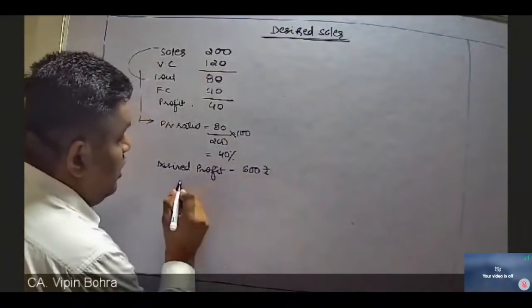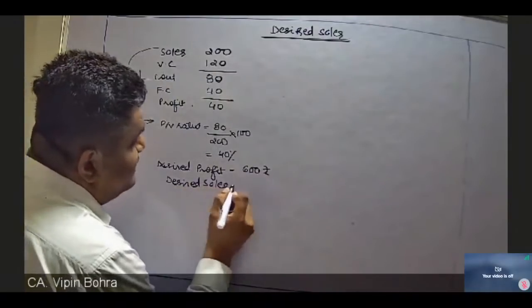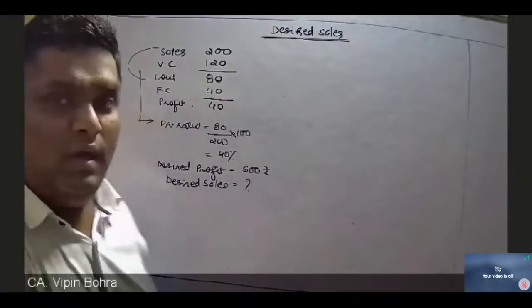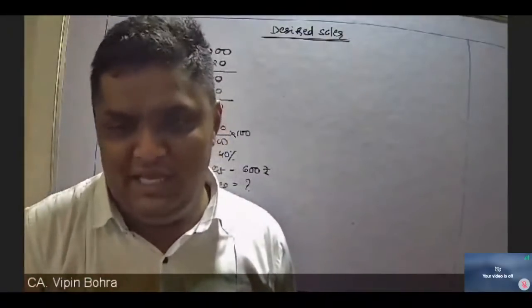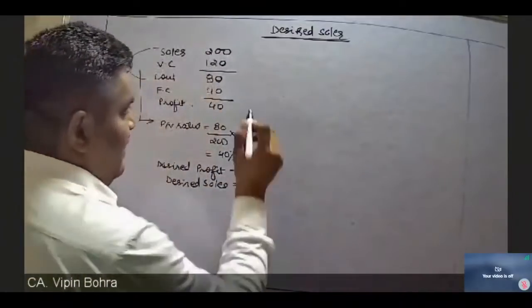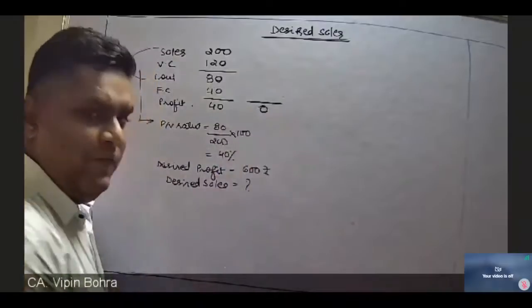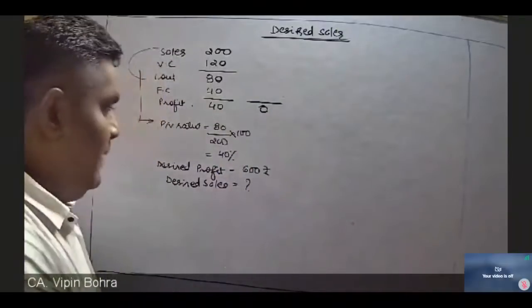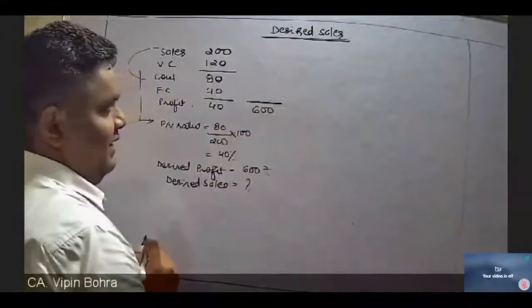Now what should be my desired sales? I hope every one of you can calculate with the logic I have discussed in break-even sales. In break-even sales, I told you that we were expecting a profit of 0. But here I am expecting a profit of 600. Very simple.